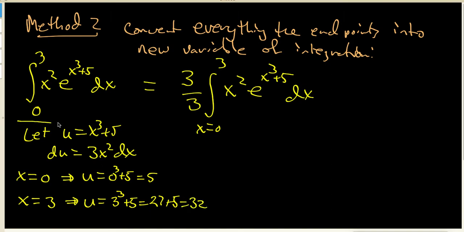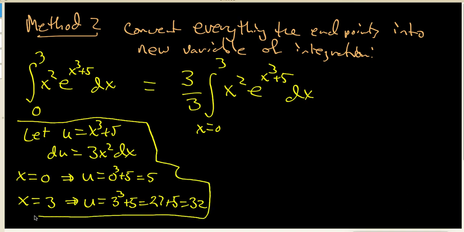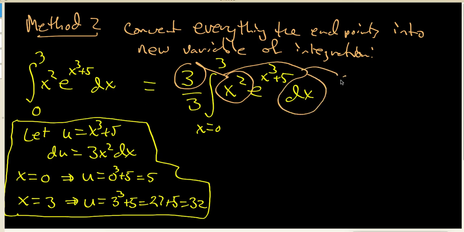And I'm going to use all of this information to rewrite my whole integral in terms of u's. So let's see how that's going to work. This 3 and that x squared and that dx go together to form the du. So in my new integral, I'm going to have 1/3 times an integral, I'm going to worry about the endpoints in just a minute, of e to the u du.